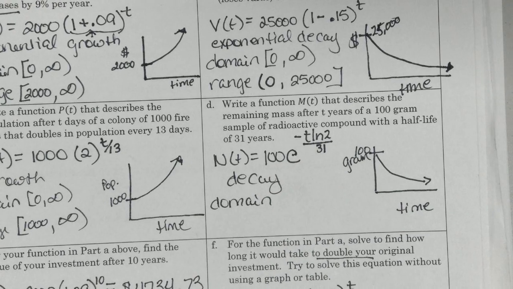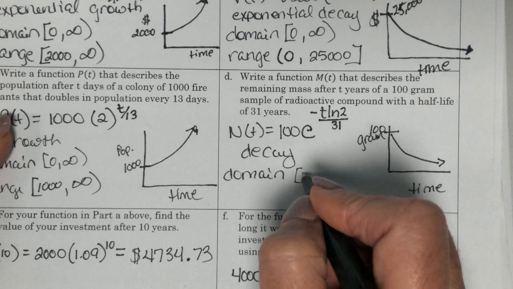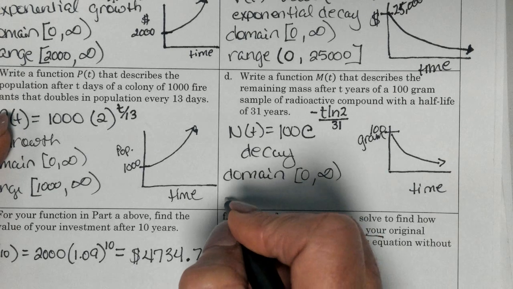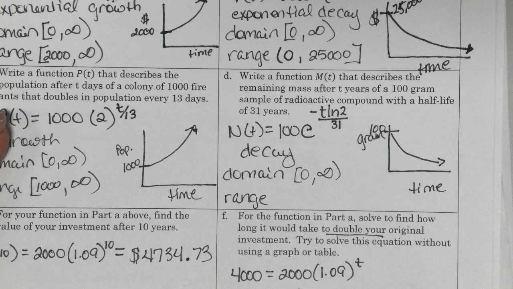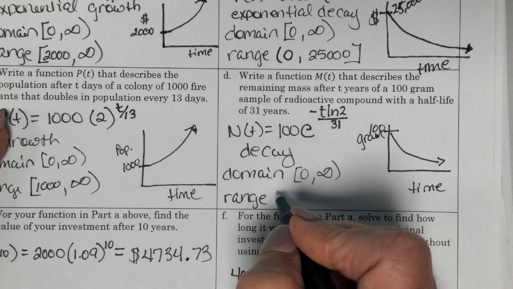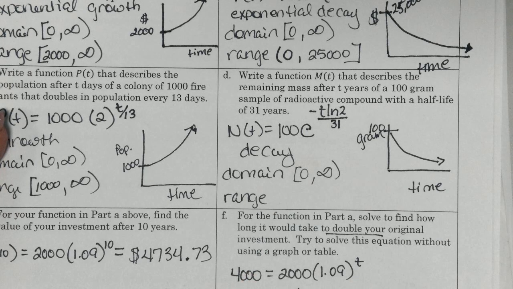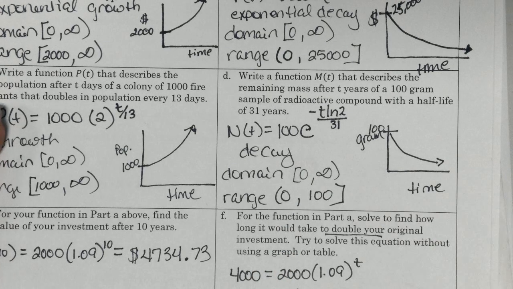Our time frame? 0 to infinity. What is our range? 0 to 100. And do I put a bracket or a parenthesis for 0? Parenthesis, good. 0 to 100, and 100 gets the hard bracket.